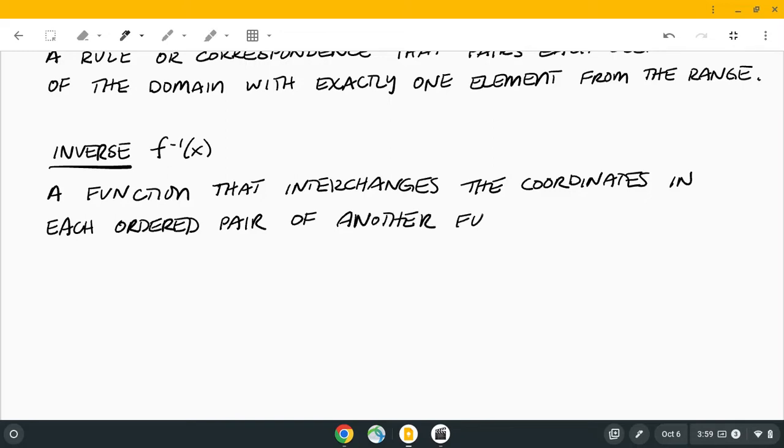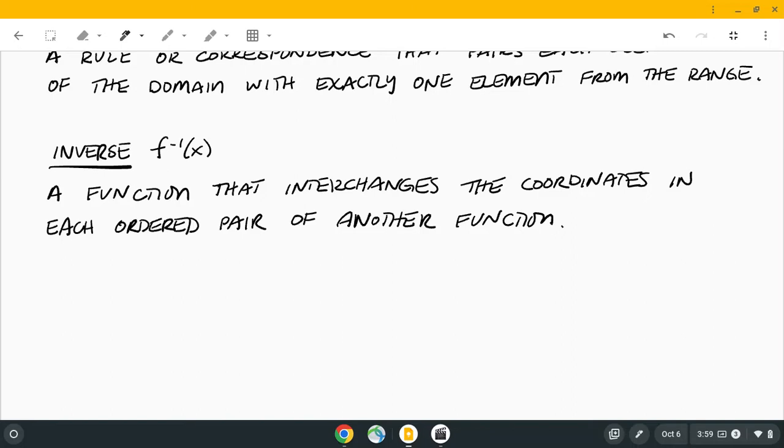Okay, so it switches the x and the y. So if (3, 2) is a point from the function f of x, then (2, 3) would be a coordinate in the inverse function.